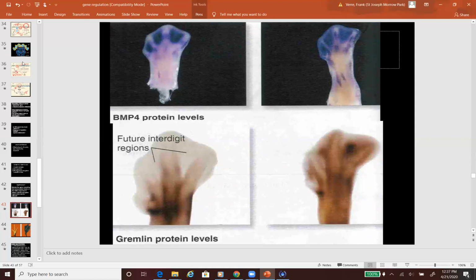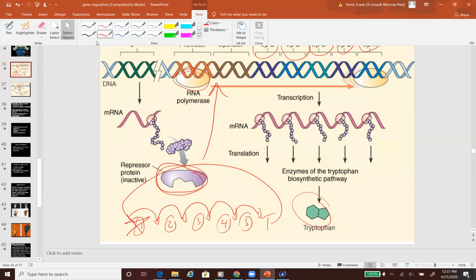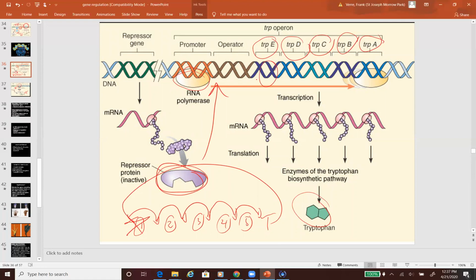So for example, if I go back to here, let's look at something like this. This is the trp operon. Now, let's imagine a mutation that would happen in this region right over here. What that mutation would do is probably affect this protein.